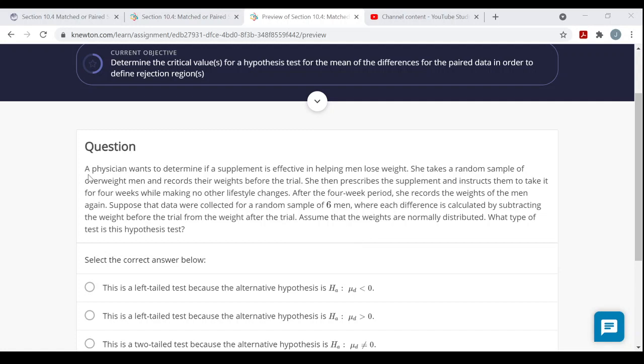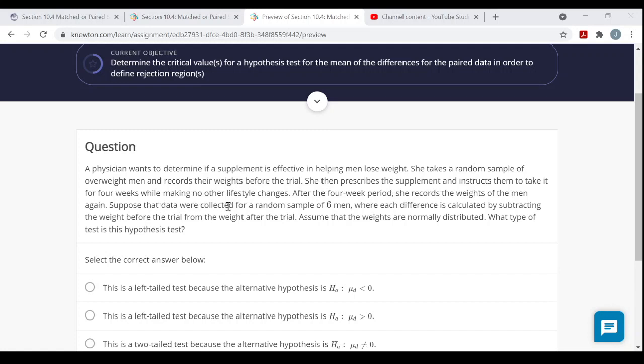Here, a physician wants to determine if a supplement is effective in helping men lose weight. She takes a random sample of overweight men and records their weights before the trial. She then prescribes the supplement and instructs them to take it for 4 weeks while making no other lifestyle changes. After the 4-week period, she records the weights of the men again.